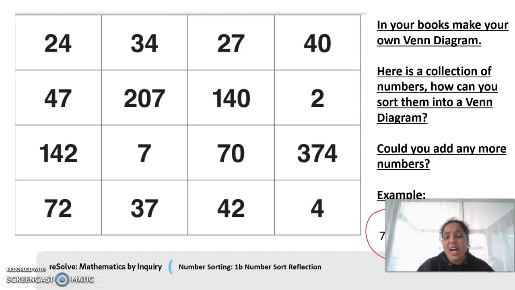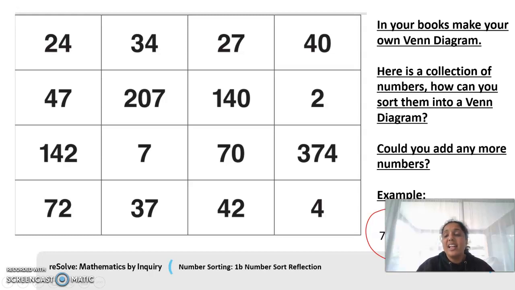So I need to find other numbers where 7 is in the tens section. So it represents 70, 72, 374. So all of these are in the tens.